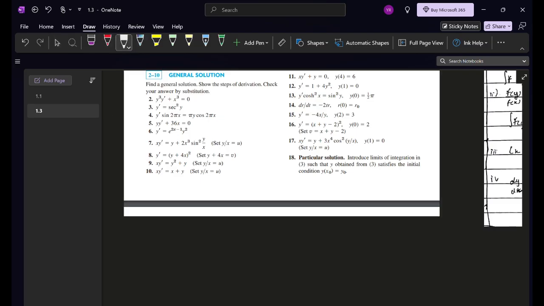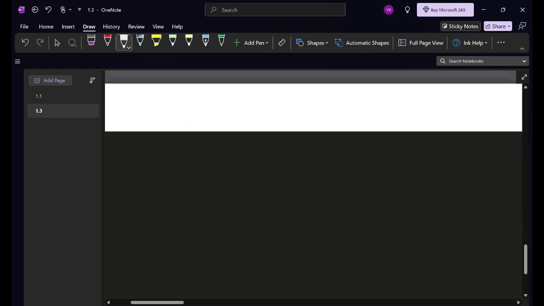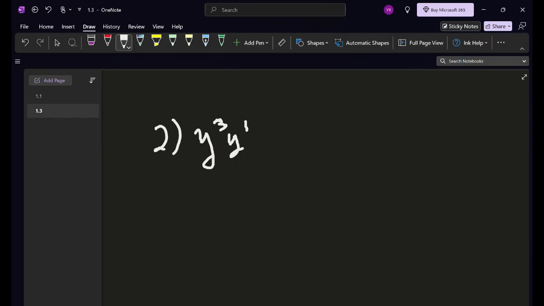The question, as you can see, is given as y cube y dash plus x cube is equal to 0.